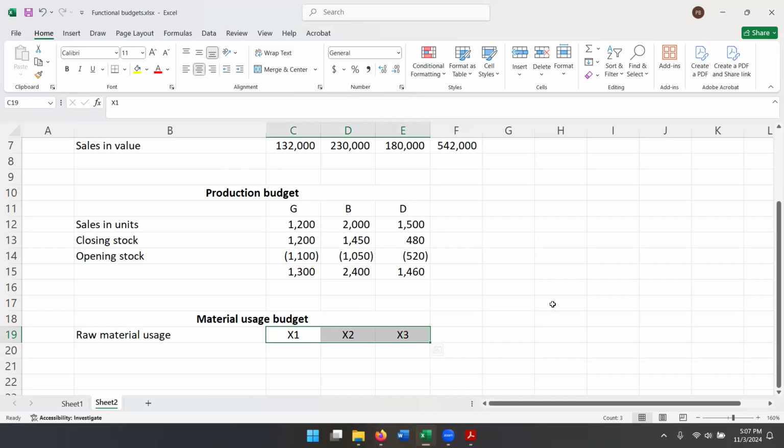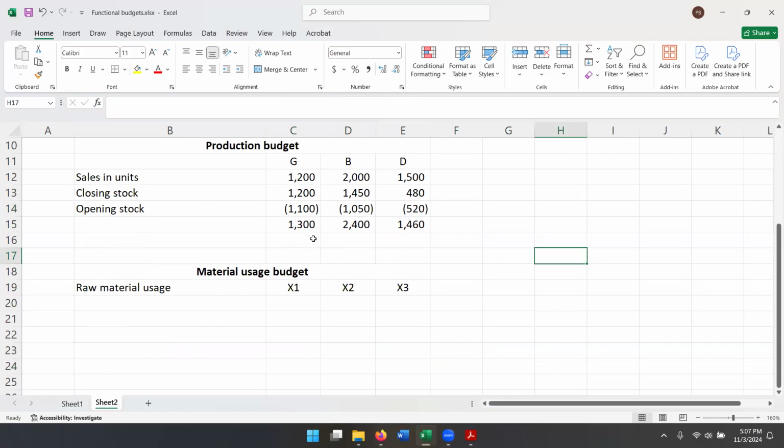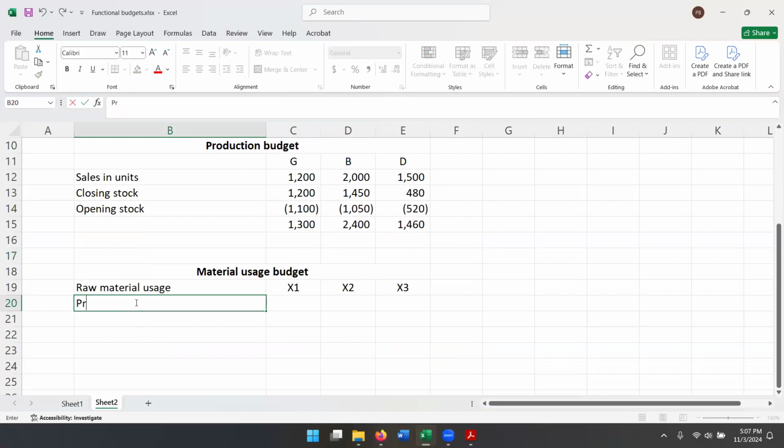Okay, so we start with the production quantity, then you multiply. So it is the production quantity multiplied by usage per unit.